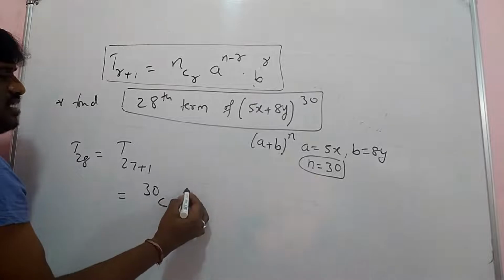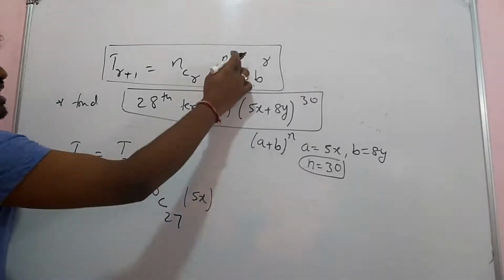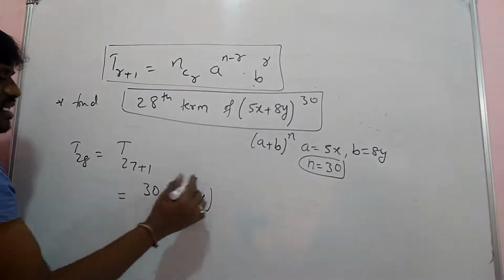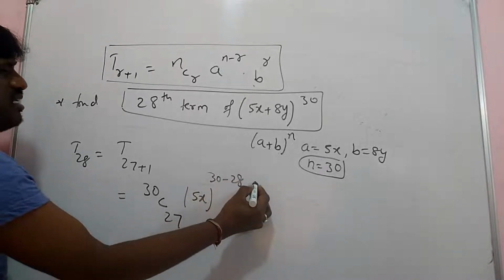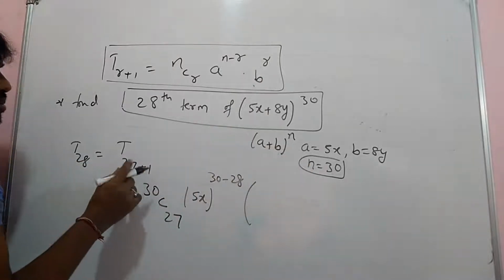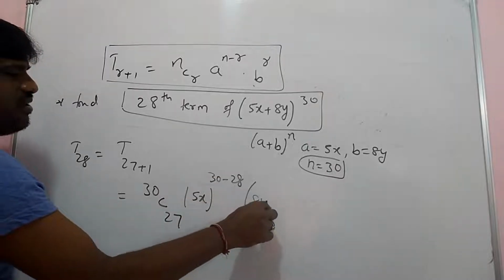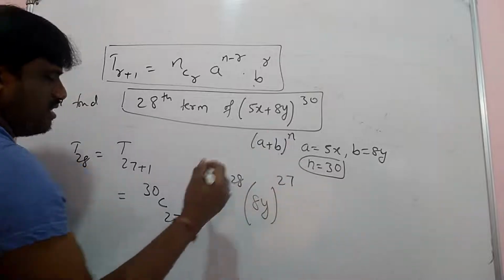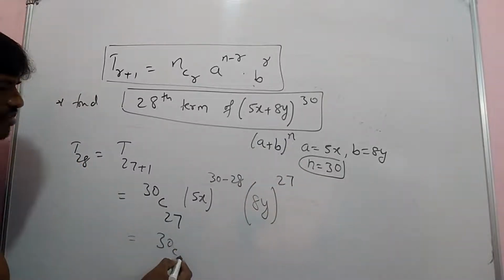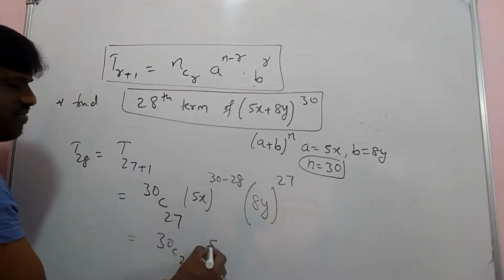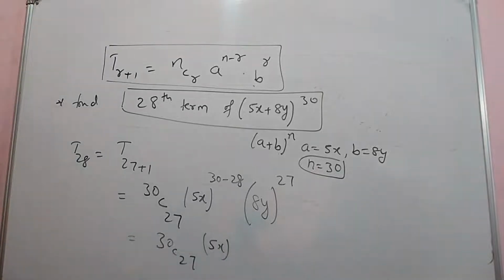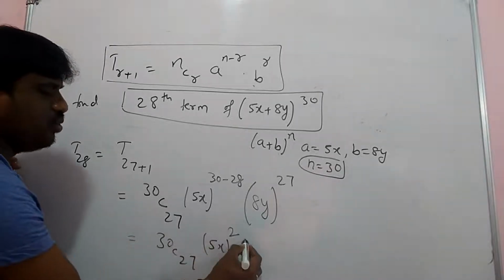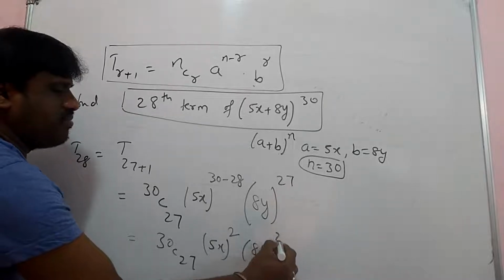The value of a is 5x raised to power n minus r, that is 30 minus 28, and b is 8y raised to power r, where r is 27. So I can write it as 30C27 into (5x) raised to power 2 into (8y) raised to power 27.